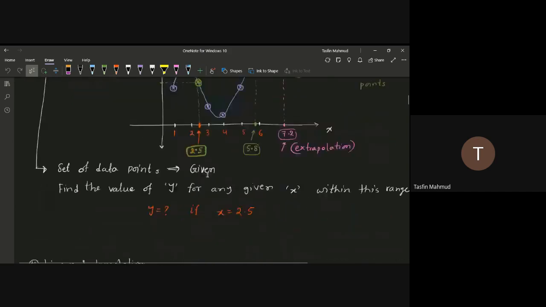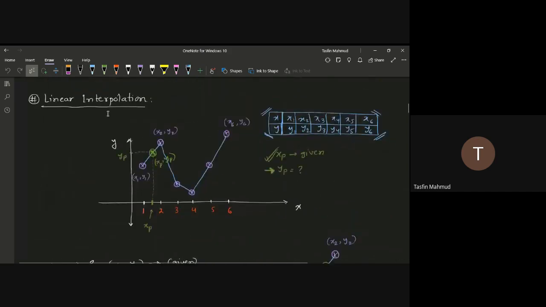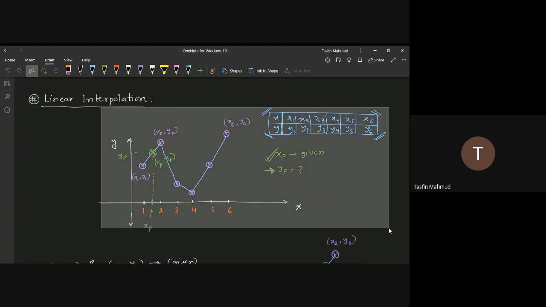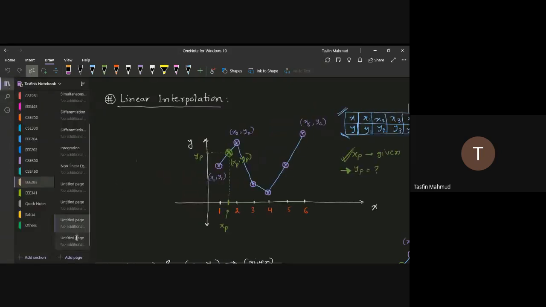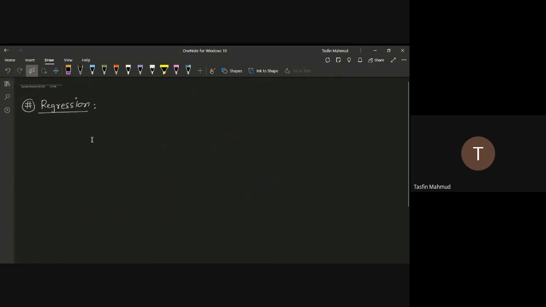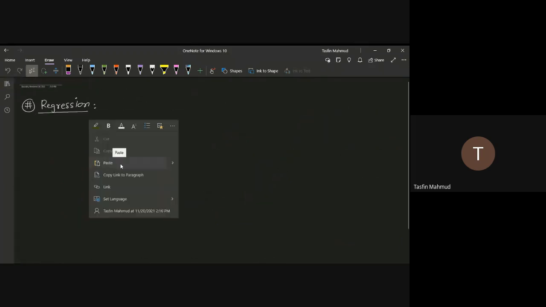For interpolation, the curve that we fitted was passing through the given data points exactly. But in case of regression, the curve that we will fit will actually think about minimizing the error.